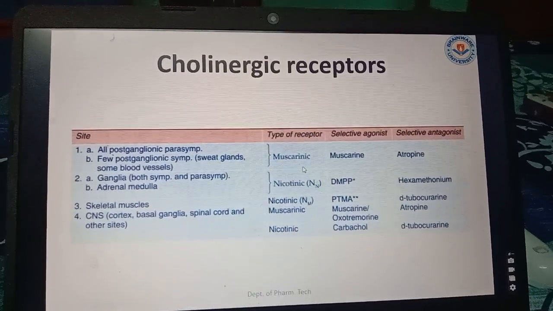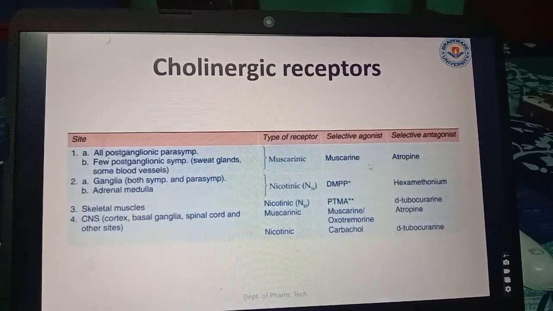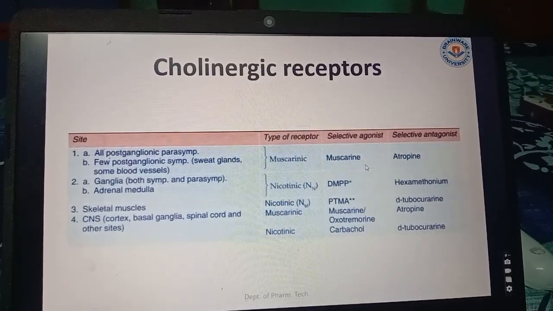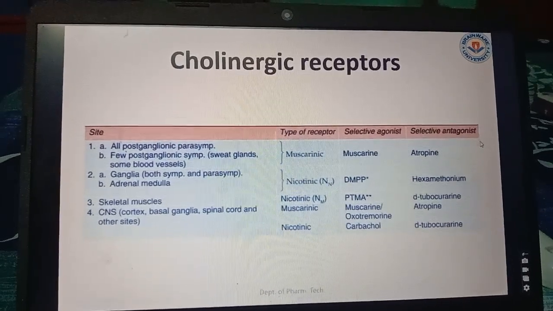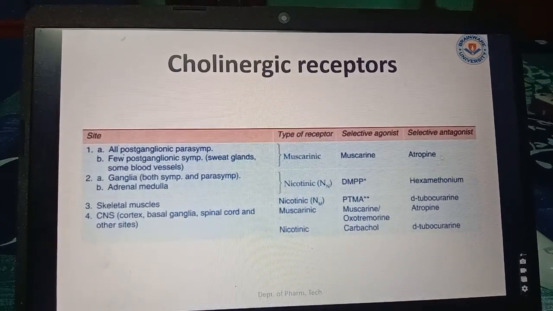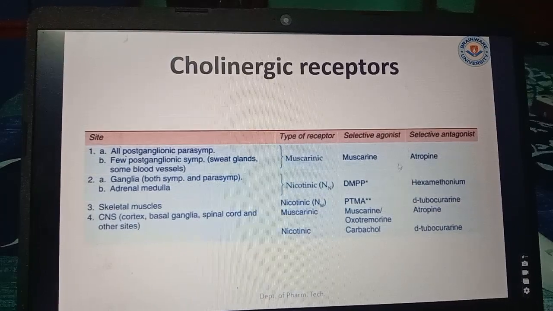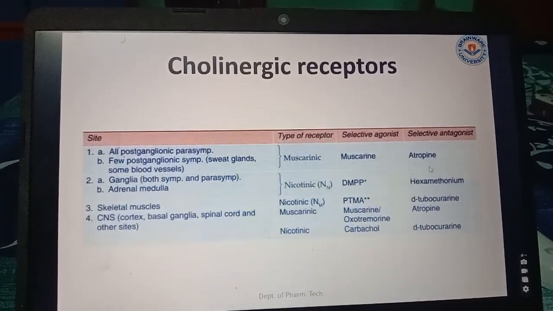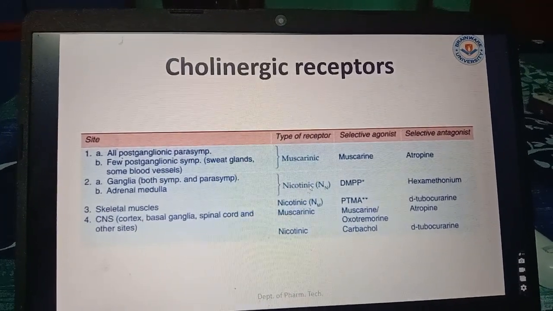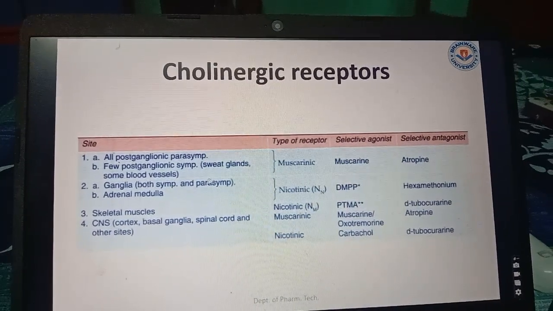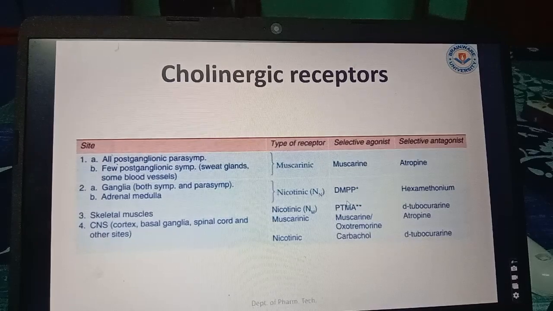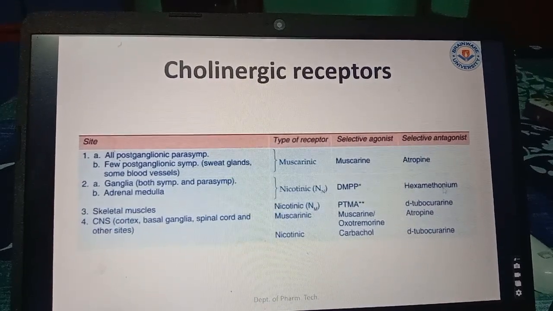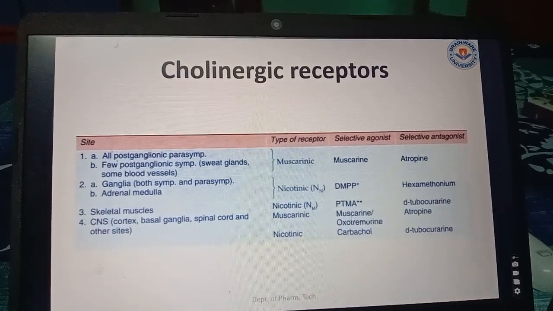So what receptors are present? Muscarinic: the selective agonist is muscarine, that means muscarine facilitates the action. The antagonist is atropine, that means the cholinergic drug action will be antagonized by atropine. Now coming to the nicotinic receptor, where the selective agonist is DMPP and hexamethonium is the selective antagonist.